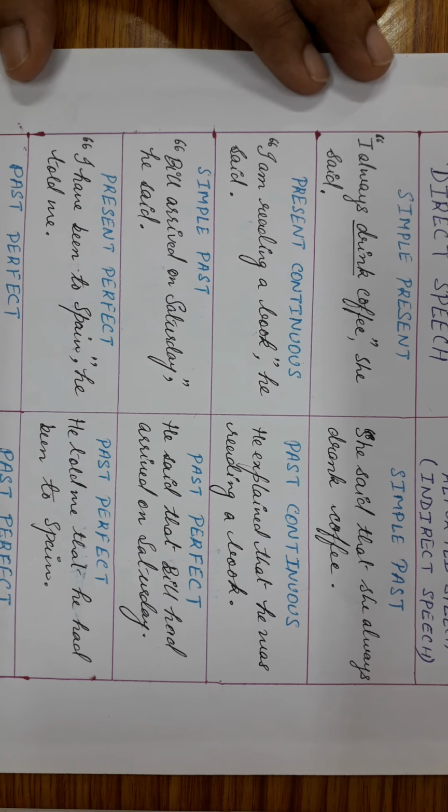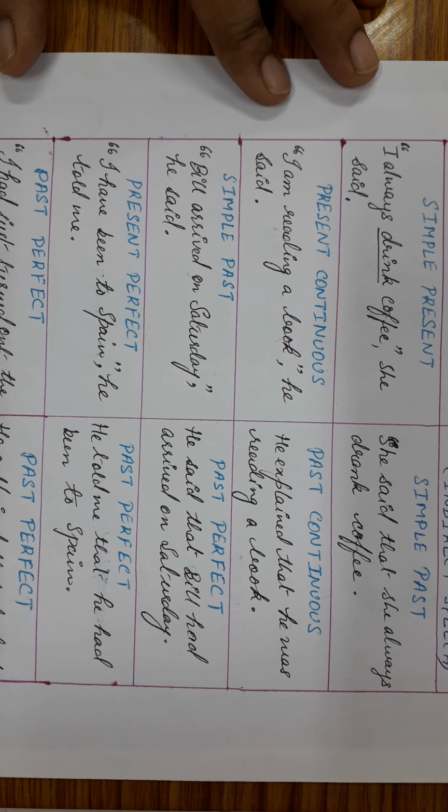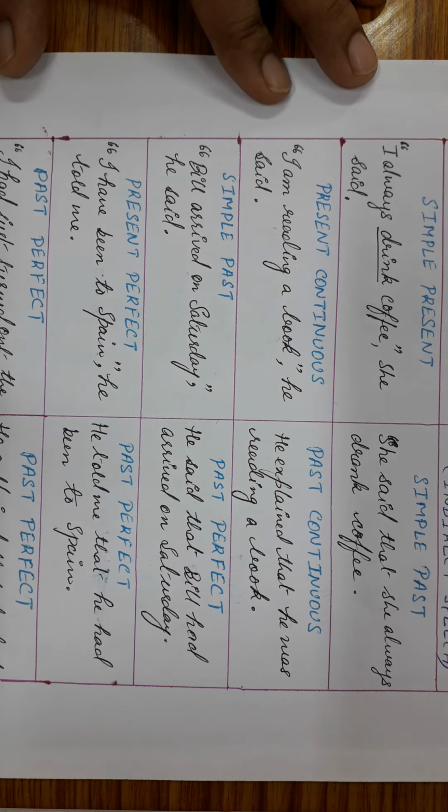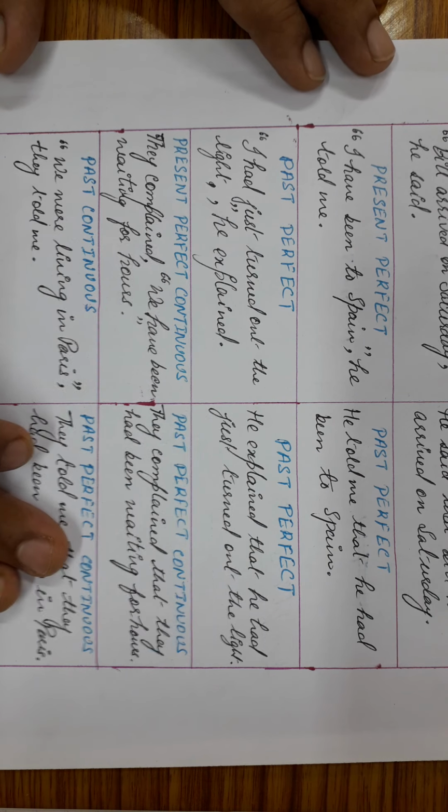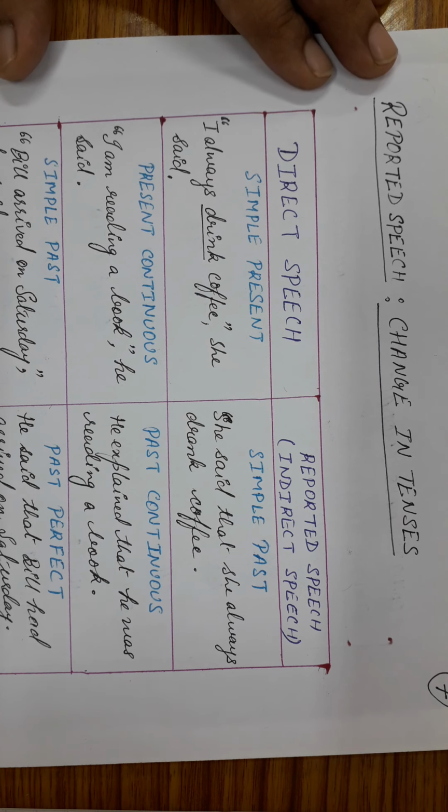I have brought only how the tense in direct speech changes into indirect speech, that is, correspondingly, how they change, along with certain examples so that you can understand. Okay, so let's start with the first one.